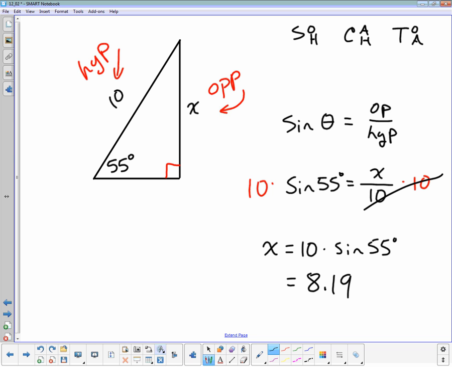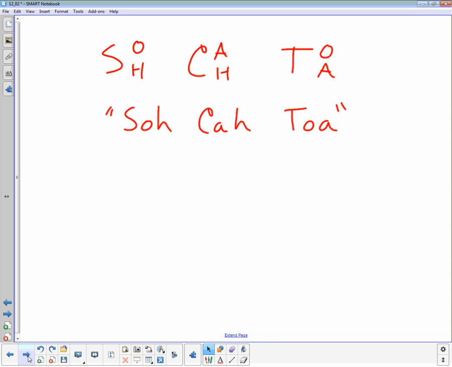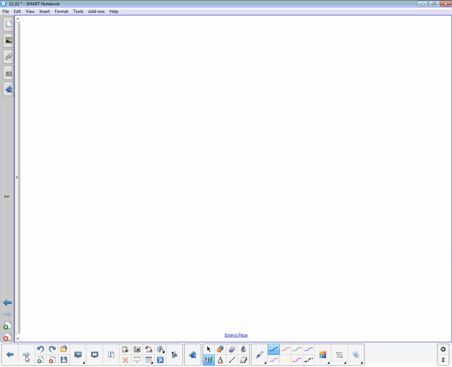If your answer had been like 5.3, would that have looked right? Could x be about half of 10? No, it doesn't look right. So if you come up with some weird number, you should always look at it in relation to the rest of the problem and say, if this guy's 10, that makes sense. How about this one?